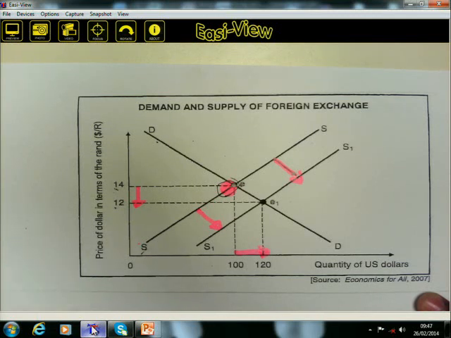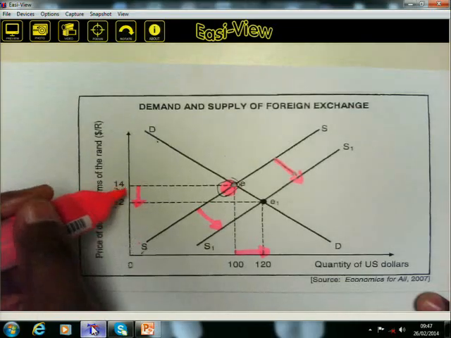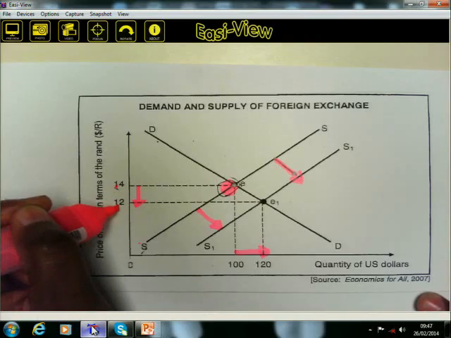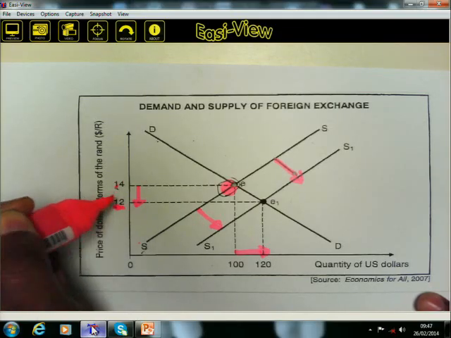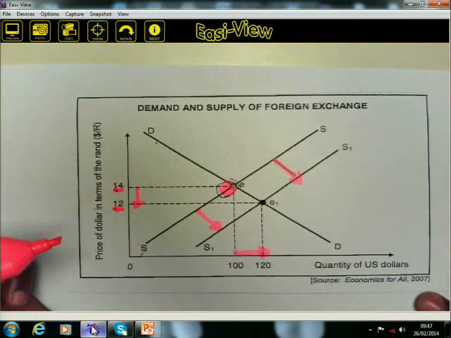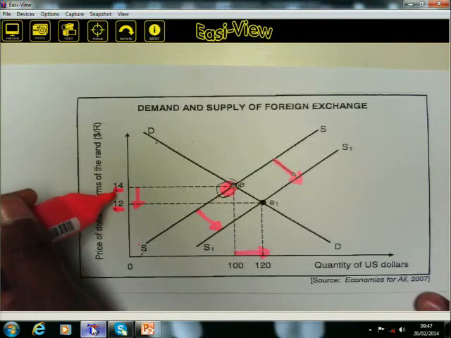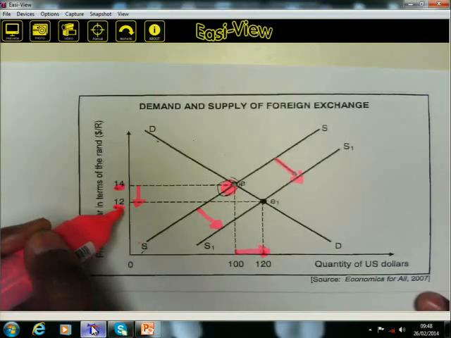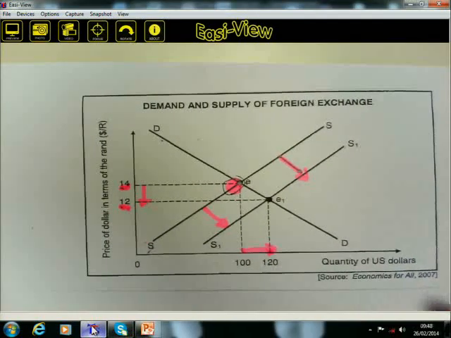So we must also think what will happen to the price of rand in this situation. We are saying if the price of dollars moves from 14 to 12, it means that our rand does appreciate. Our rand appreciated. But if the price moves from 12 to 14, it means that our rand does depreciate. Then we'll see the quantity will increase as the price of dollars decreases.